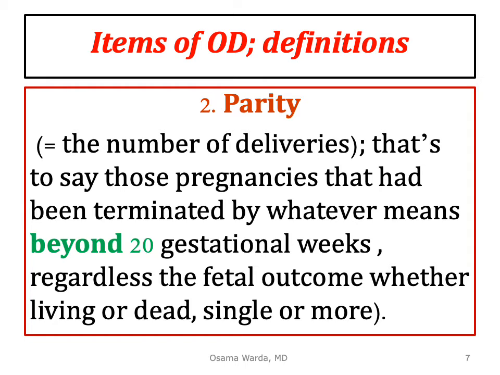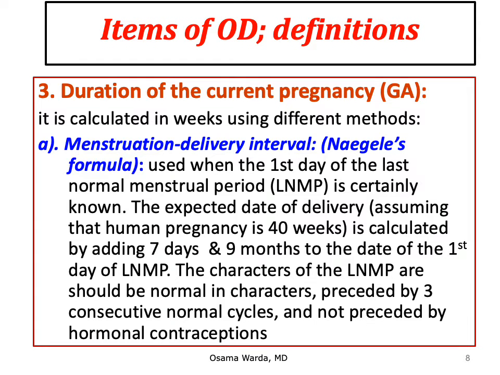It only accounts for the number of deliveries, or number of pregnancies that had been terminated after the 20th week gestation. The nature is not important in the definition of parity.